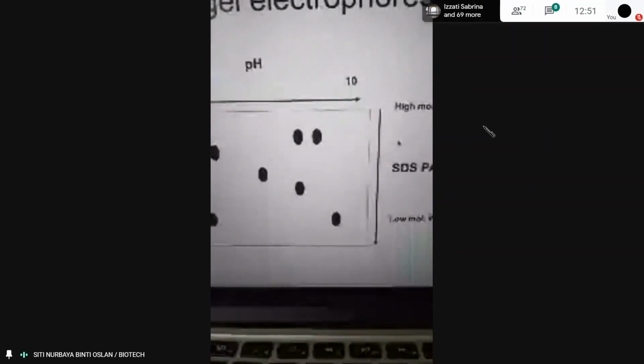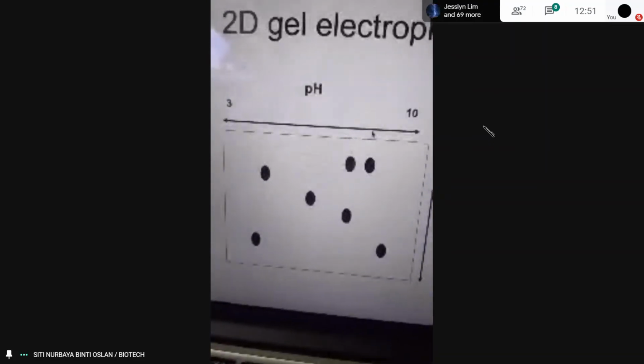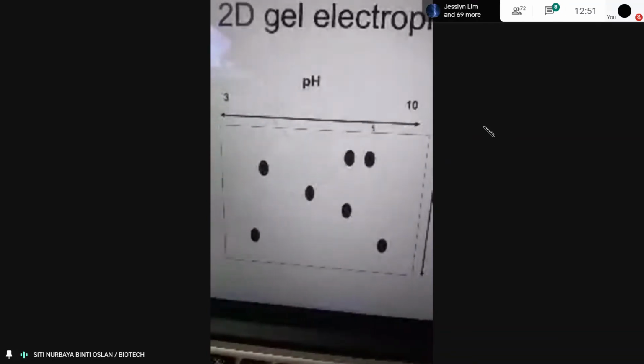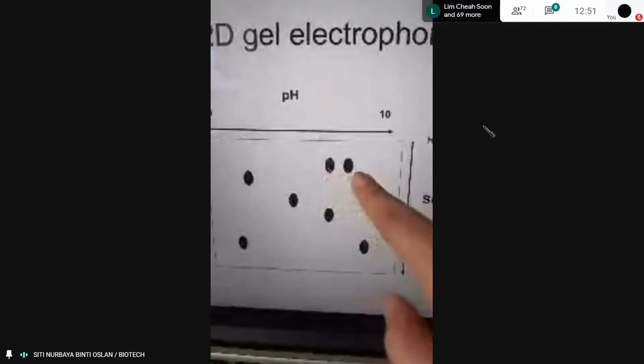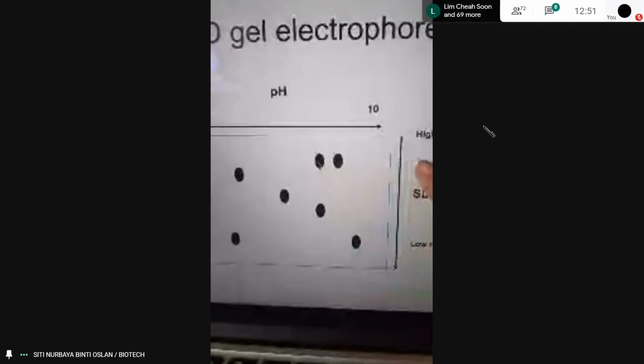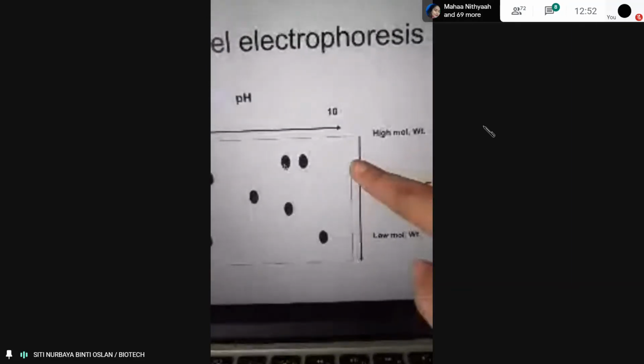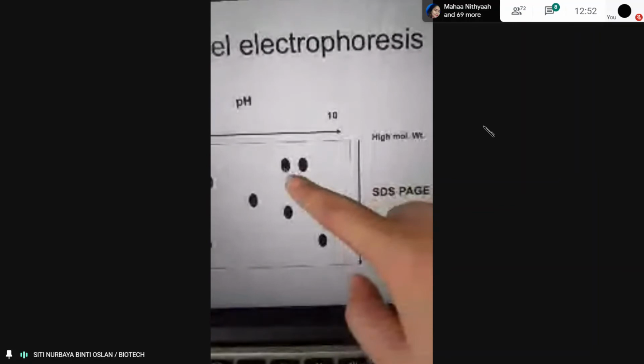But in SDS-PAGE, if we do not perform the pI separation using the IPG strip, these two dots, number 1 and number 2, are in the same molecular weight, right? This is the molecular weight.